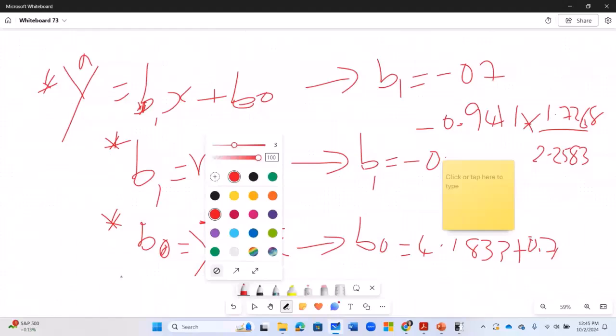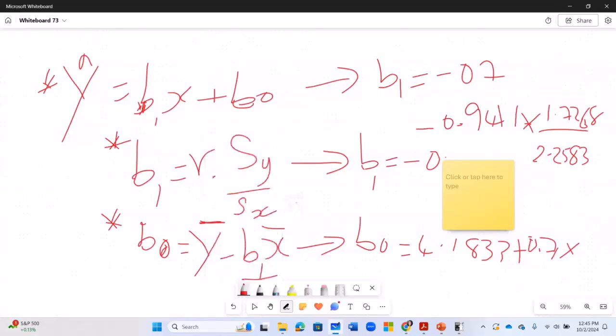0.7 multiplied by my X bar, and the X bar is given to me also. X bar is 3.5, so multiply by 3.5. When I simplify this, I'll get the value of B0.